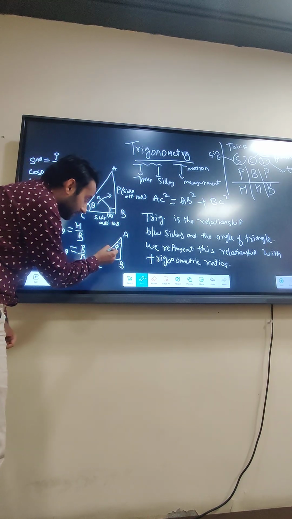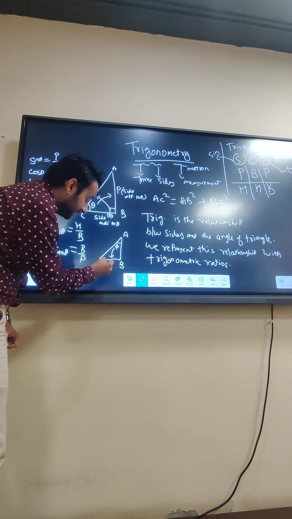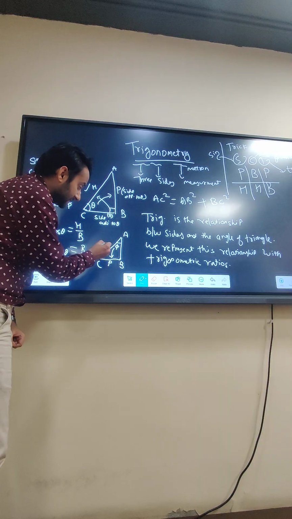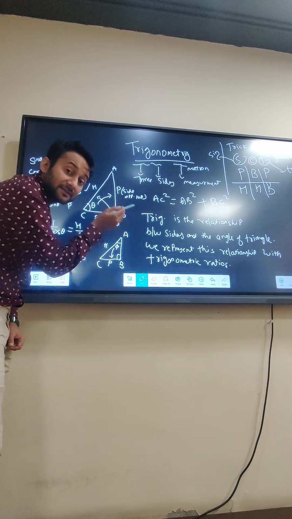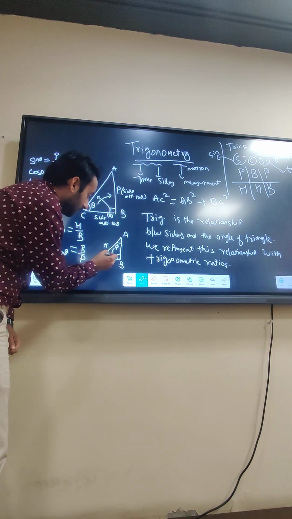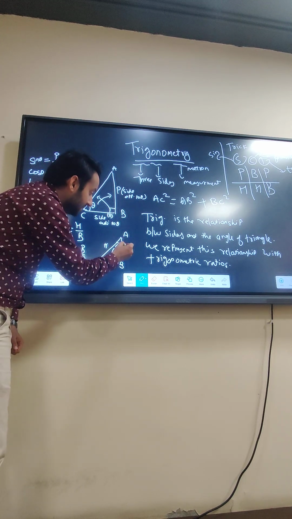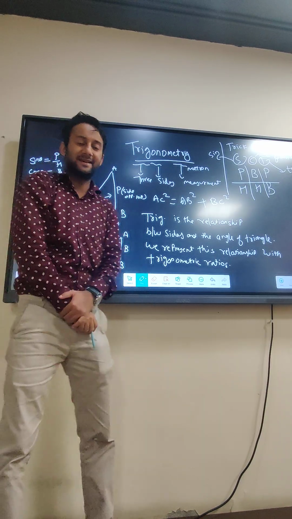Why? Because right now the side opposite to angle phi will be BC. It will act as the perpendicular. Hypotenuse will be the same, right? It will not change because it is always opposite to the right angle. It is the largest side of the triangle. Now in this case, the base will be AB because this is the adjacent side to the angle. Right? So yeah, thank you.